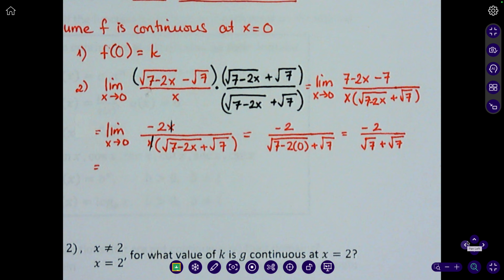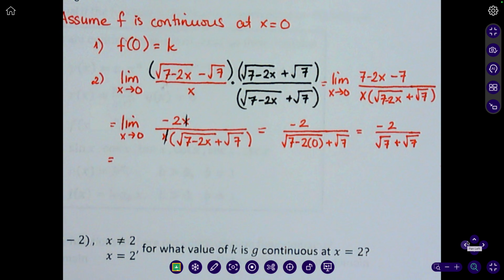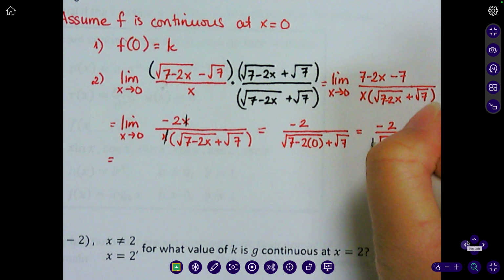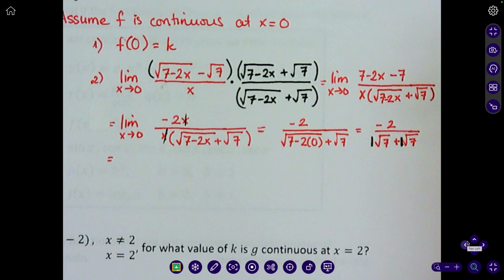If you are not sure, remember this. Treat these like like terms, like x and x. So if you have x plus x, then you get 2x. But whenever you add, always add the coefficient in front of it. Okay? So 1 plus 1 makes 2. So that's 2 root 7.